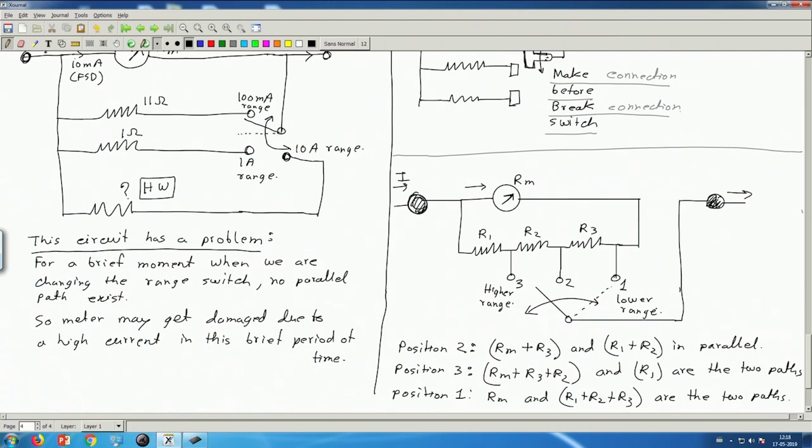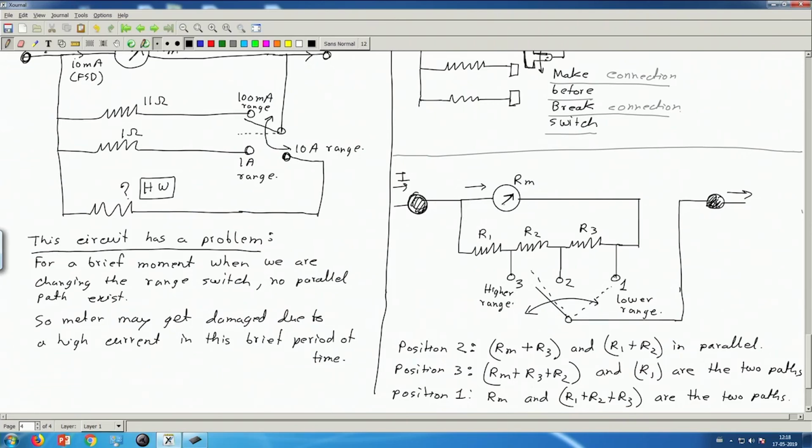This is another arrangement, and observe that when I change the position of the switch, even if the switch is somewhere in between, not connected to either of the terminals, there is no problem from the perspective of the meter, because then this circuit is completely open. There is no path for the current to flow at all.